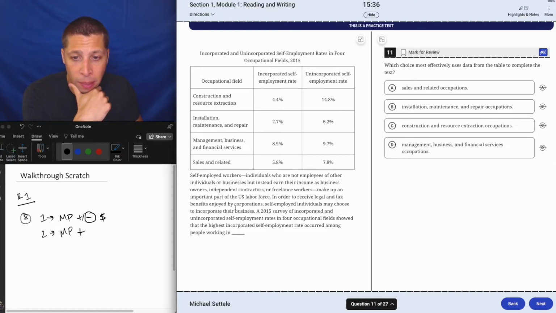In order to receive legal and tax benefits enjoyed by corporations, self-employed individuals may choose to incorporate. A 2015 survey of incorporated and unincorporated self-employment rates in 4 occupation fields showed the highest incorporated self-employment rate occurred among people working in. Incorporated self-employment, highest is management, right? There you go, right? That's it.